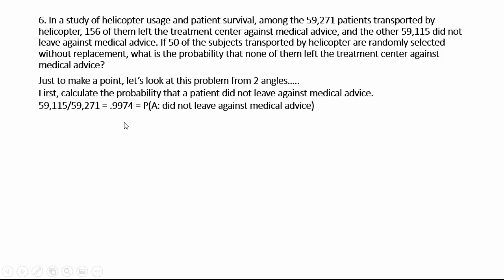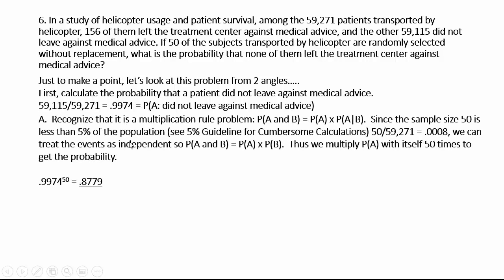All right. Now, okay, let's take one. This is kind of the chapter 4 version of things. You need to recognize that it's a multiplication rule because we're really talking about the probability of A and B, okay? Why are we saying that?